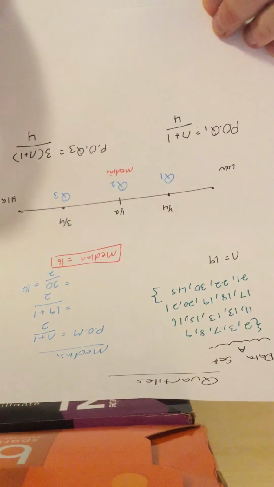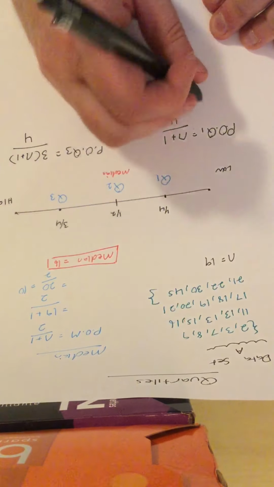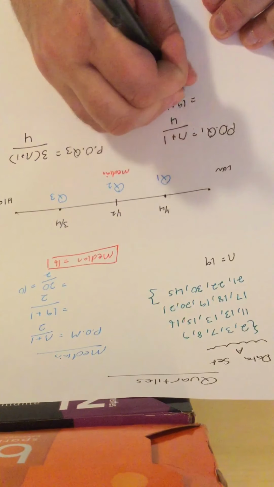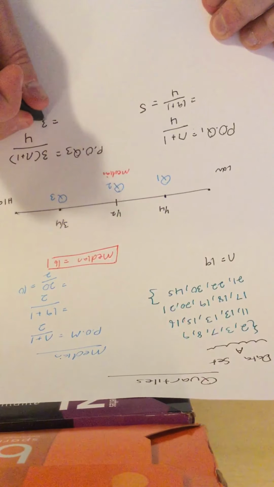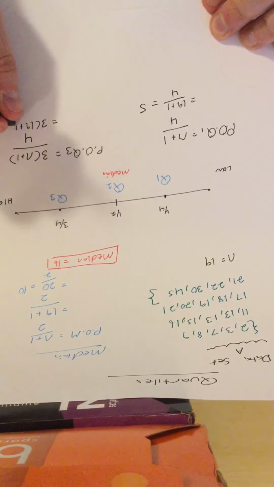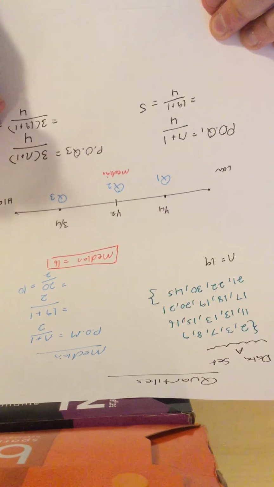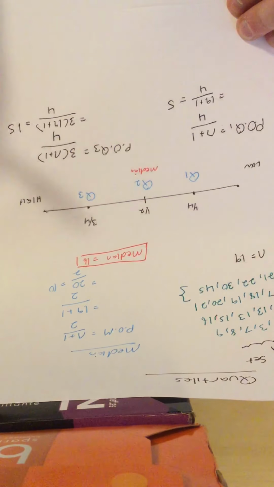Those are the formulas for the positions of these quartiles. In this case, it's 19 plus 1 over 4, which is 20 over 4, which is 5. And this would be 3 times 19 plus 1 over 4, which is 15. So 5 and 15 are the positions of the quartiles.